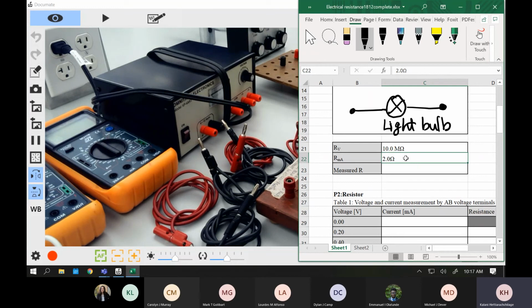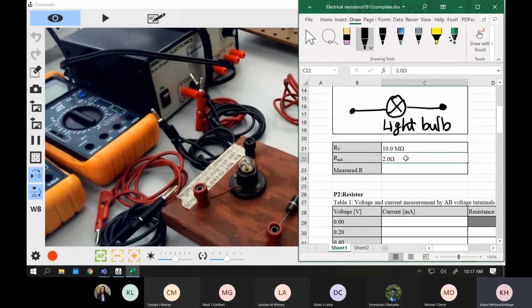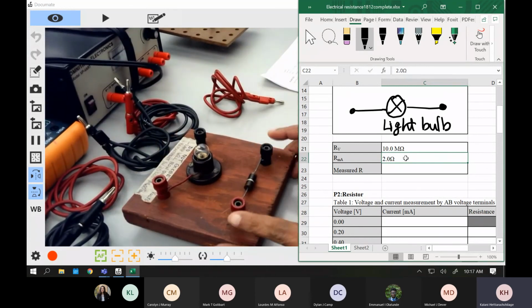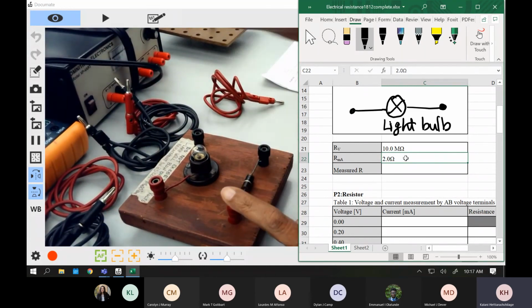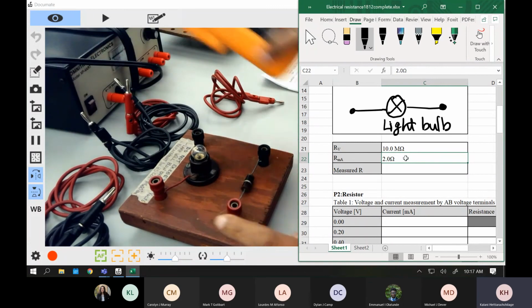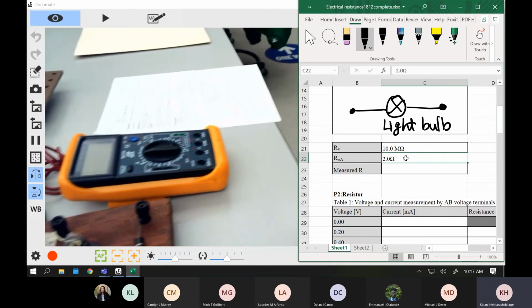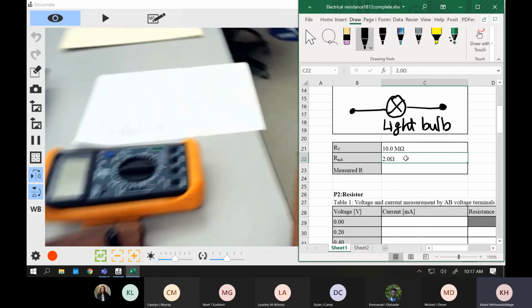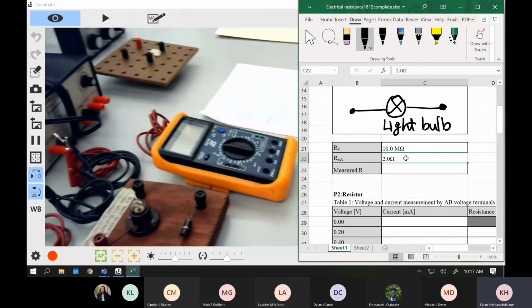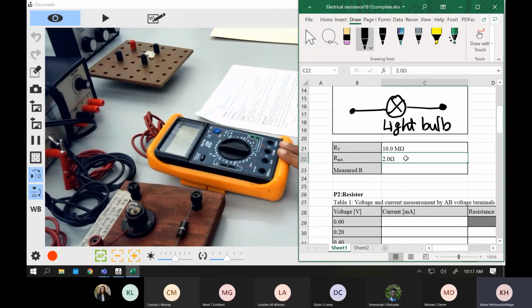Okay. So now the next step is to measure the resistance of your wood box. This one we have the resistance. So we're going to measure the resistance of this one. To measure that, you take one multimeter, and then take the red and black wires on your table, and you can untangle them.